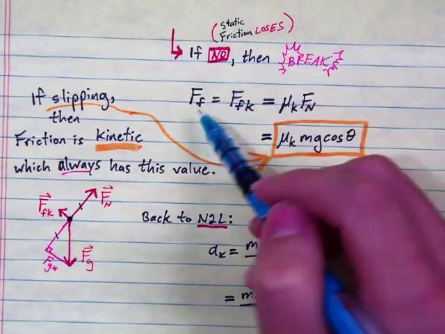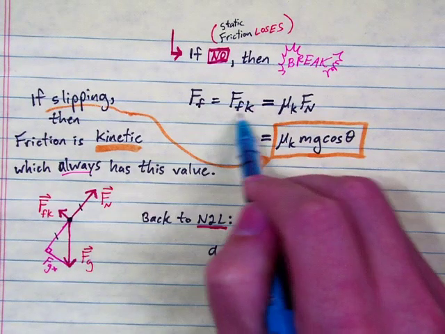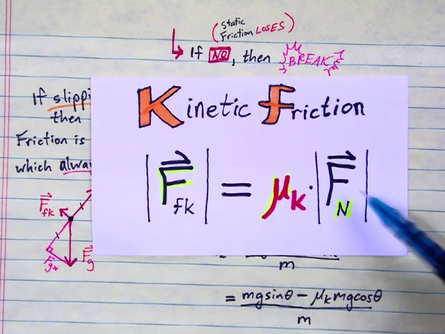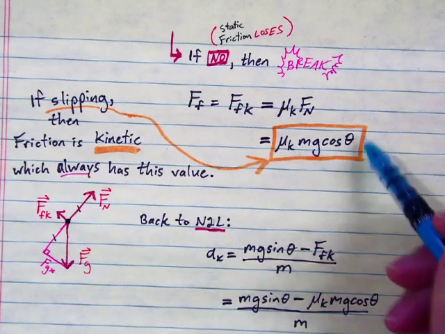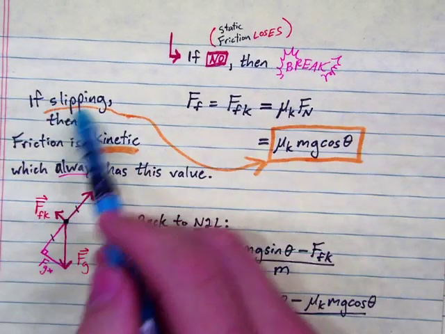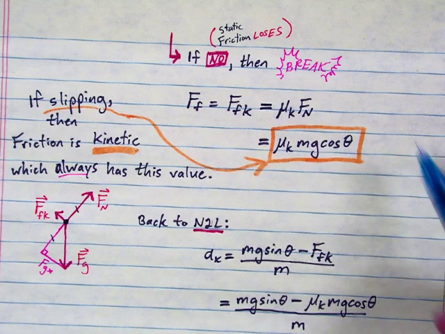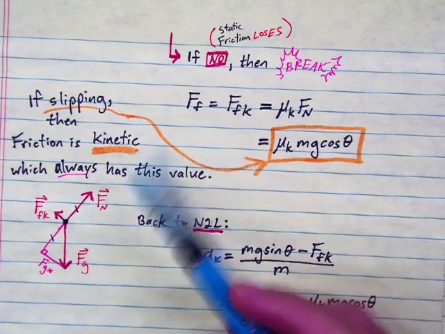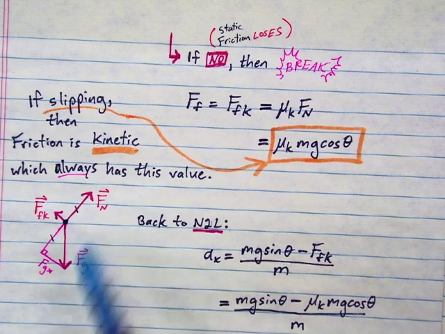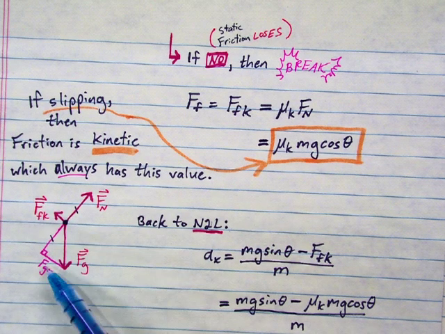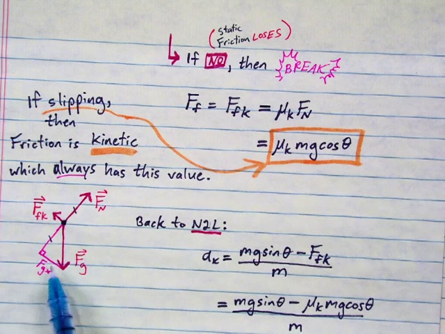Then we know if we have slippage, then our friction is kinetic friction, and that can always be calculated with the expression mu k times the magnitude of the normal force. So mu k mg cos theta. If we're slipping, then that's guaranteed to be the expression for our force of friction, which will be kinetic. And our FBD will look like this, with a force of kinetic friction that is less than FGX. Kinetic friction is generally weak compared to max static friction, so it'll be less than FGX right here.